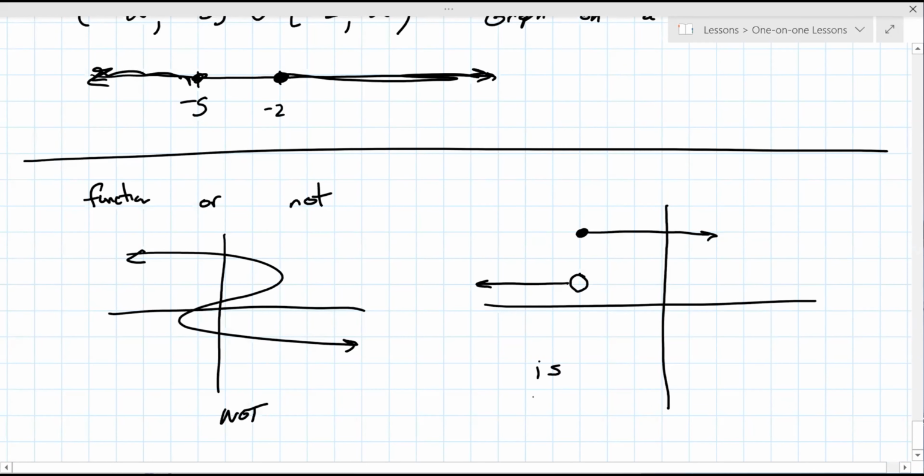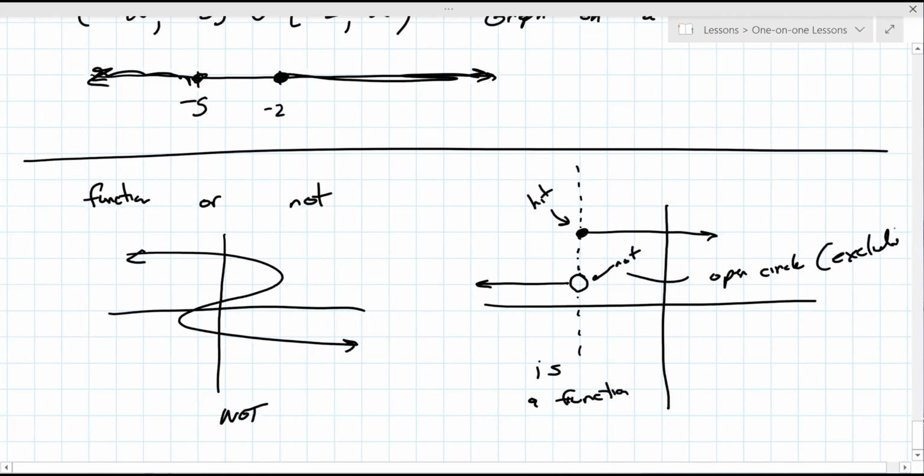This is a function. And the reason it is, is because this line does hit there, but it does not hit there. How though? It's an open circle. So an open circle means it excludes that place.